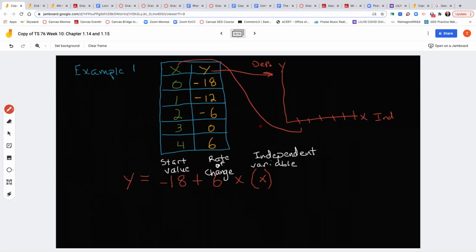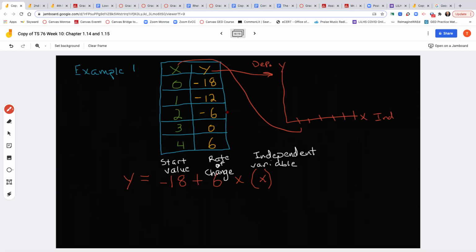So we've got a chart, okay? X0 is my starting value, minus 18. After 1 quarter, I'm at minus 12. After 2 quarters, or 2 years, or the third term, or the third X value, it's 0.